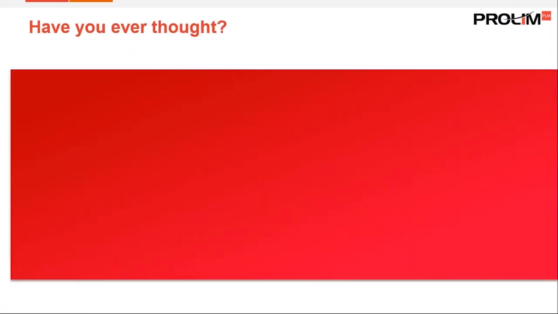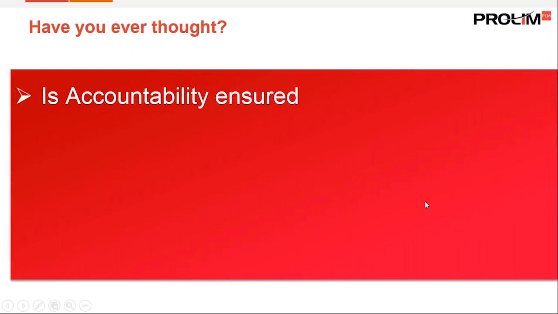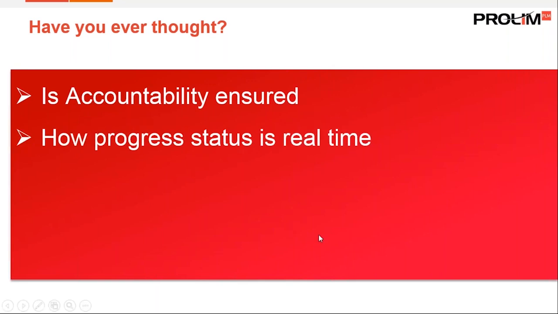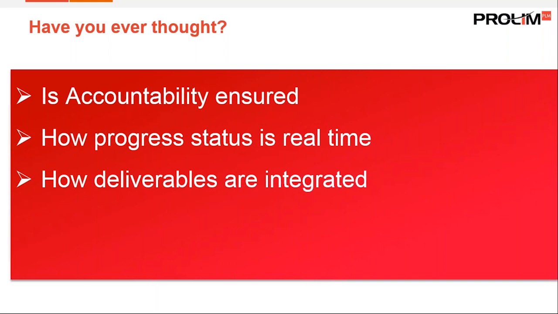But my question to all those organizations is how they are ensuring the accountability, and how they are ensuring that the progress status of the project dashboard is real time, and how they are ensuring that deliverables are integrated with the project management tool. Meaning once the deliverables are completed, the status is updated in their project management dashboard.